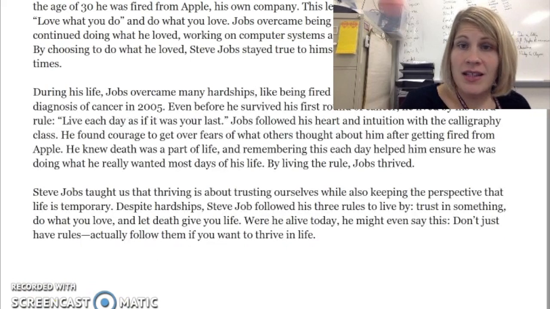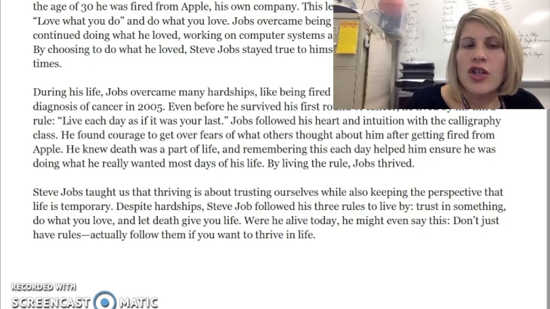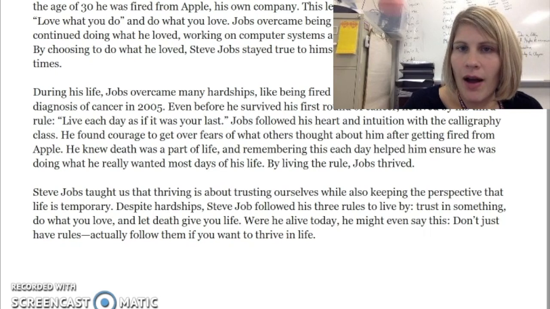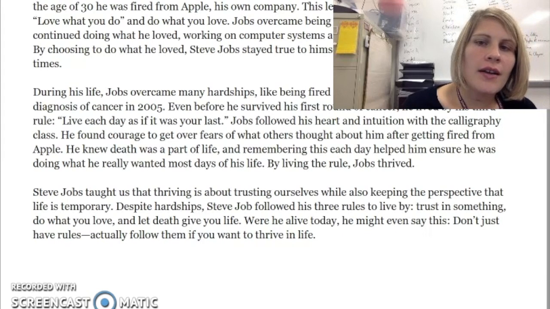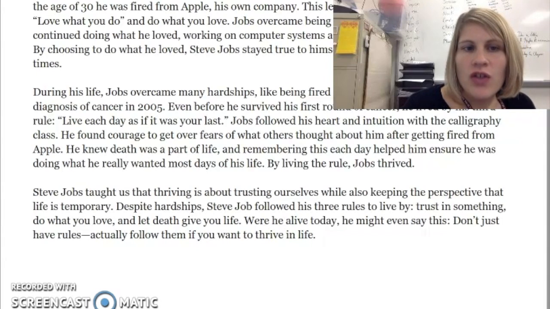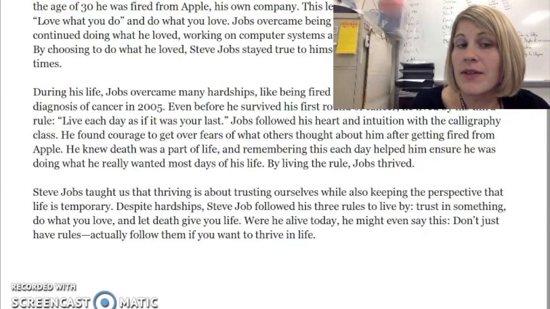All right, here we're back to the Steve Jobs model essay. During the body paragraphs, they went through each of their reasons in detail, and now in the conclusion, they're going to summarize their argument and then leave us with a different thought. "Steve Jobs taught us that thriving is about trusting ourselves while also keeping the perspective that life is temporary."